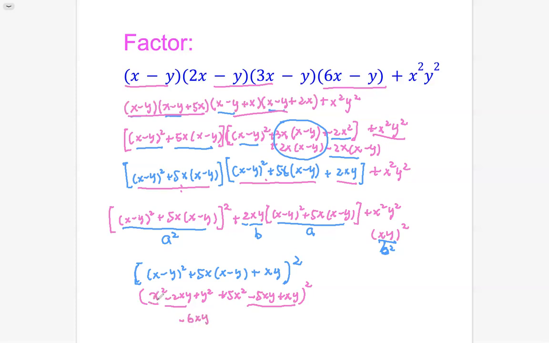For square term, I have x squared plus 5x squared, which is 6x squared. For y term, just y squared. And now we have a factored form and simplified. Can we factor inside? No, cannot be factored, and that's it. So this is the answer, the factored form. Very nice, isn't it?